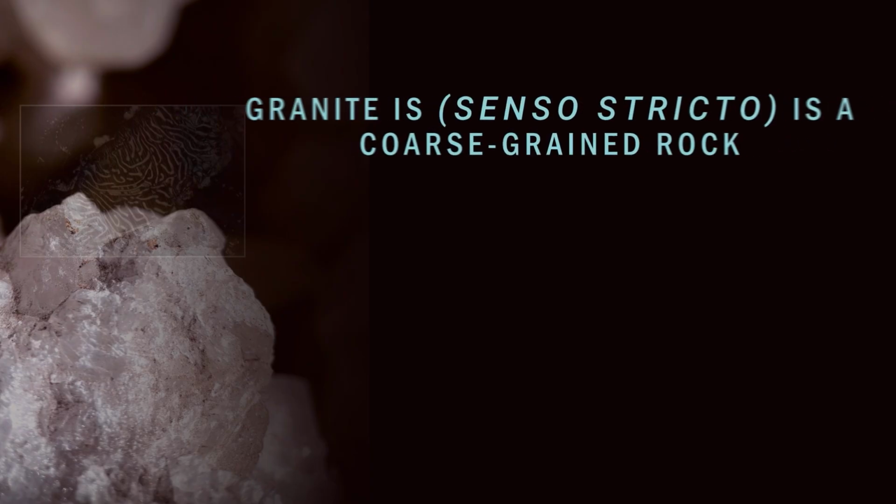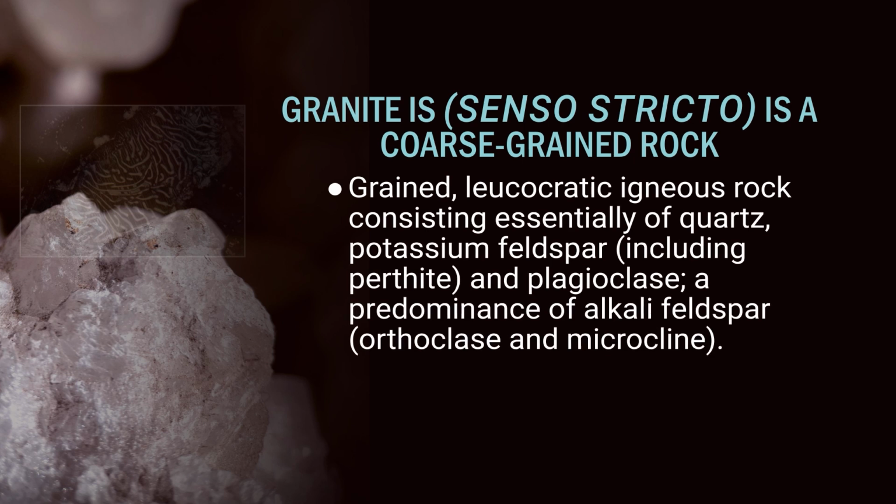Granite sensu stricto is a coarse grained leucocratic igneous rock consisting essentially of quartz, potassium feldspar and plagioclase, with a predominance of alkali feldspar. Leucocratic means light colored, it is a light colored rock.